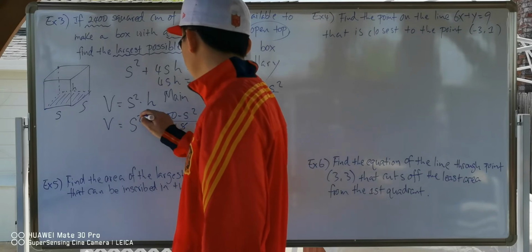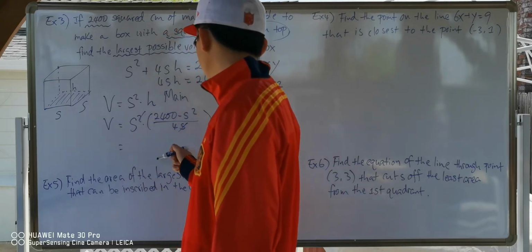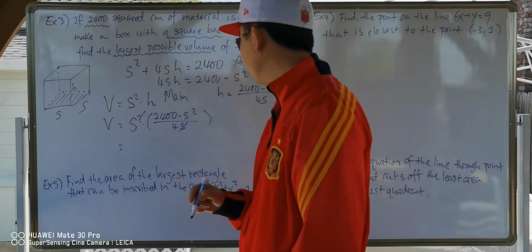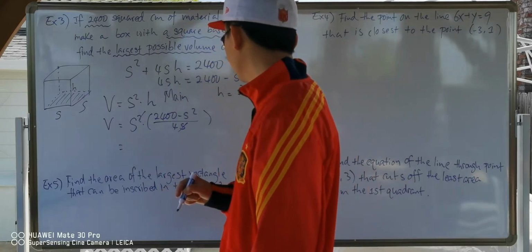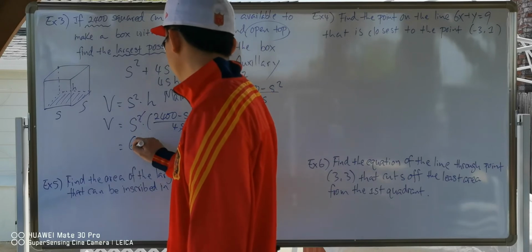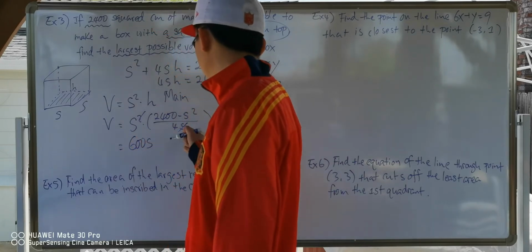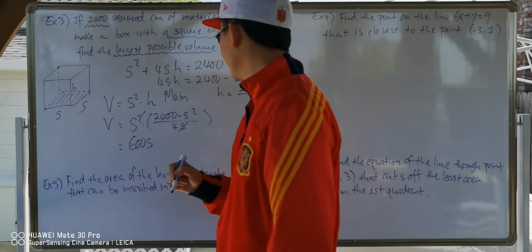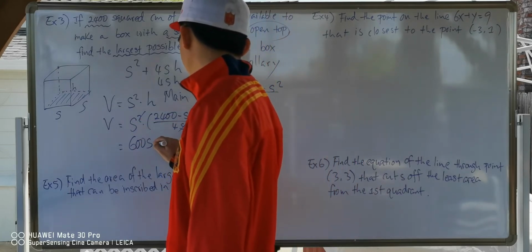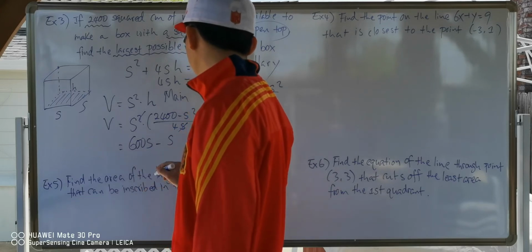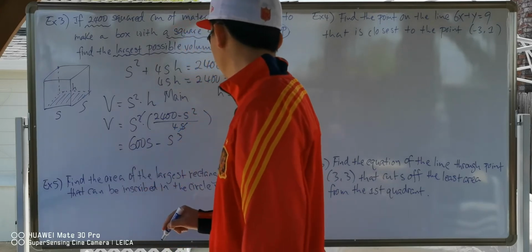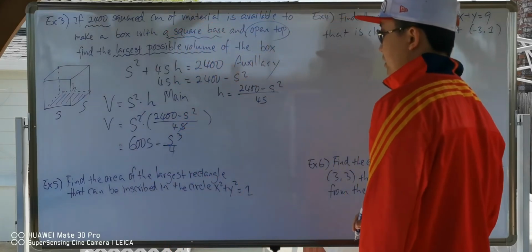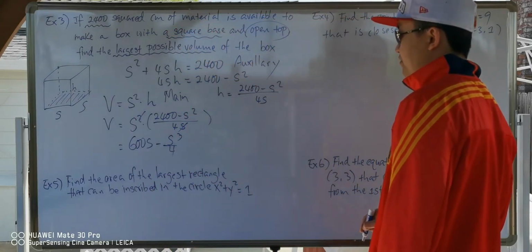So cross cancel, and then we separate it and distribute. 2400 divided by 4 is 600, so 600s. And then s times s squared gives s cubed over 4. Again, this is just the simplification.